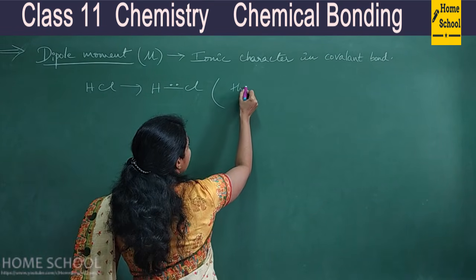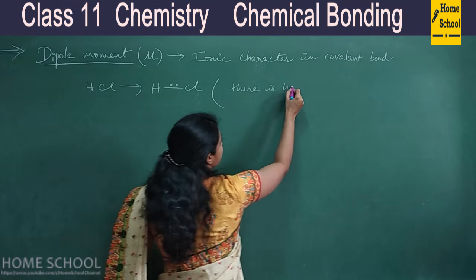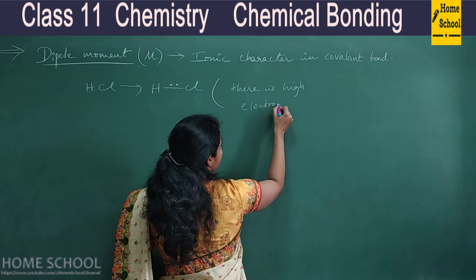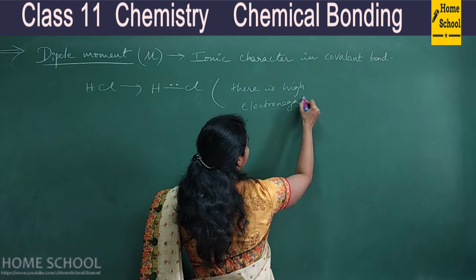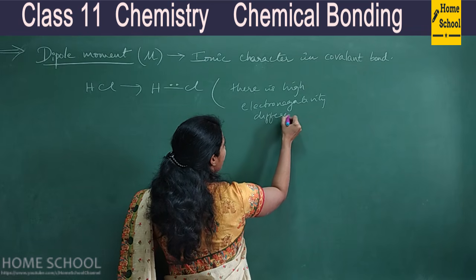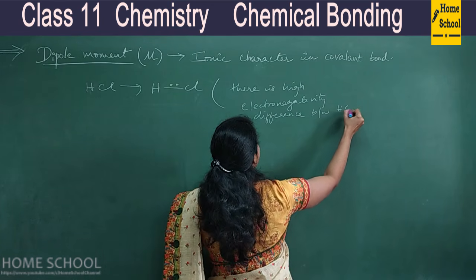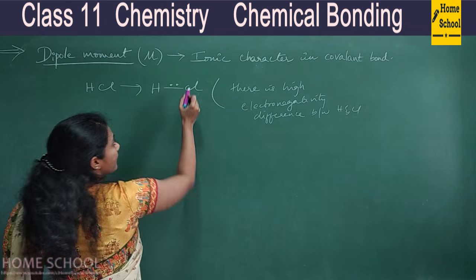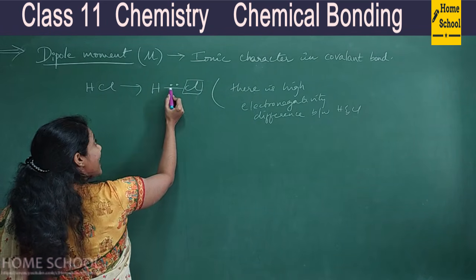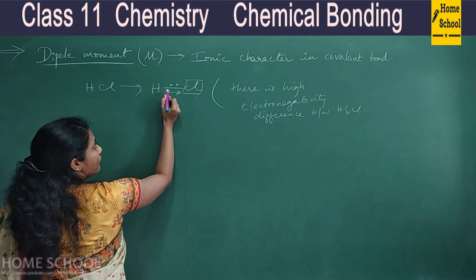So there is a high electronegativity difference between hydrogen and Cl. Cl is more electronegative here. So it has the ability of pulling this bond towards itself, right?